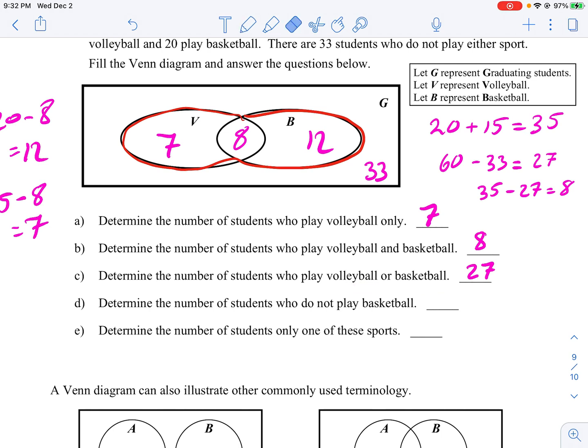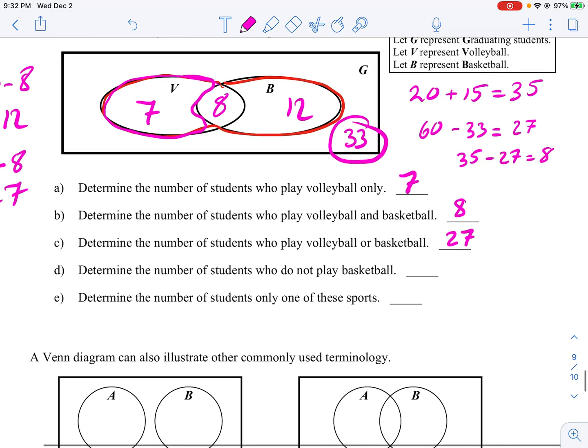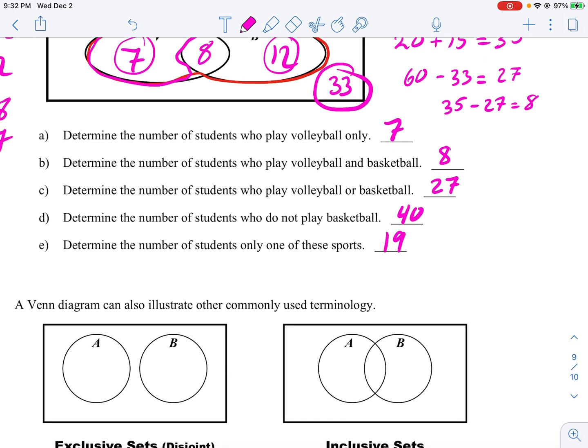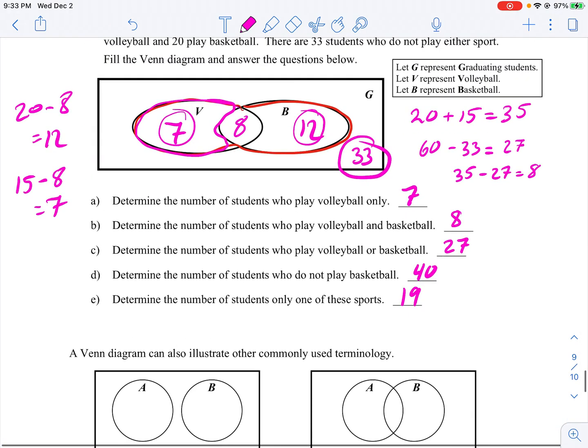Number of students who do not play basketball, well, that would be this group and this group, so 40. The number of students who play only one of these sports, so that would be this guy and this guy, 19, because they only play volleyball or they only play basketball.